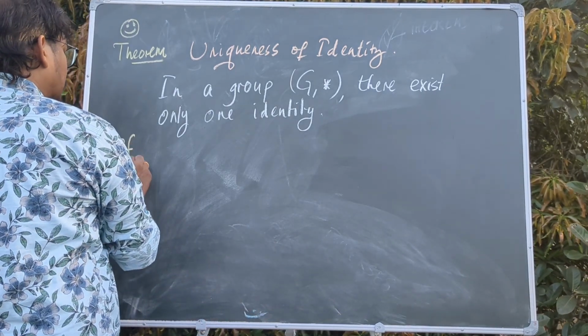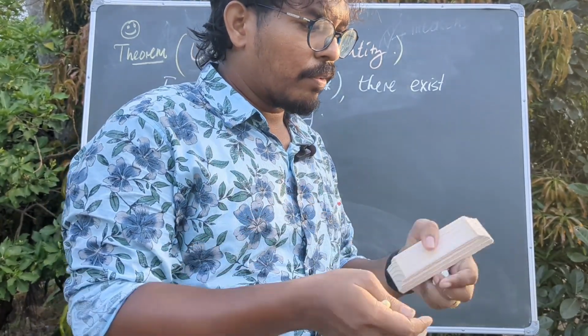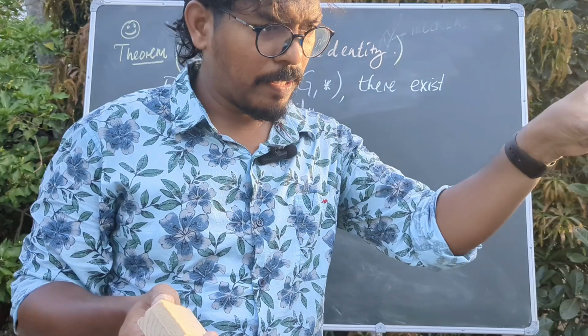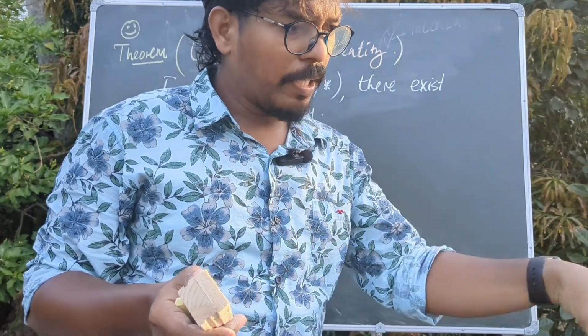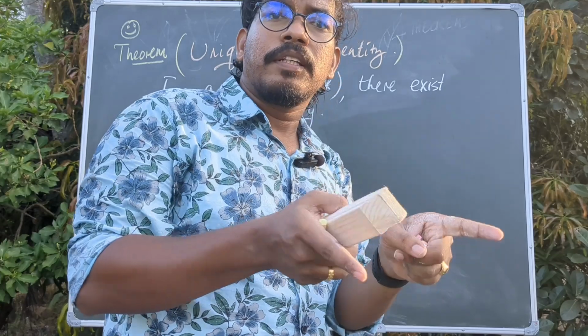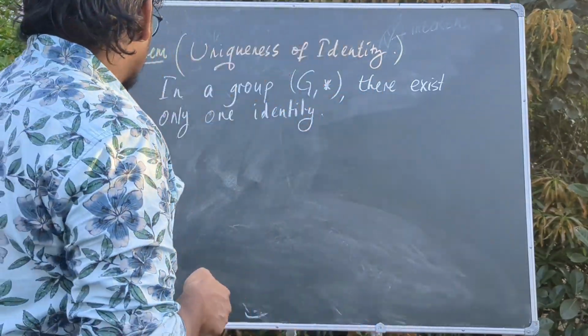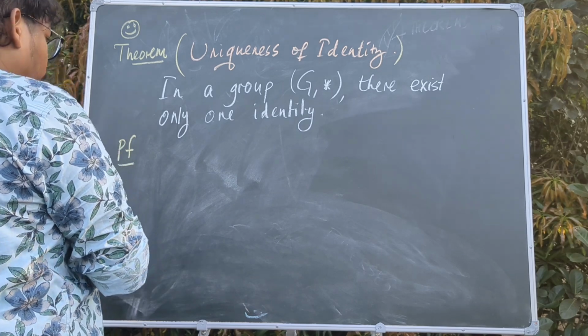Proof of a uniqueness theorem in mathematics applies this procedure. Assume there are two things of that item, then in the end show that those two things are not different, they are the same. If that is the case, then the uniqueness is proved. We will also do the same procedure.